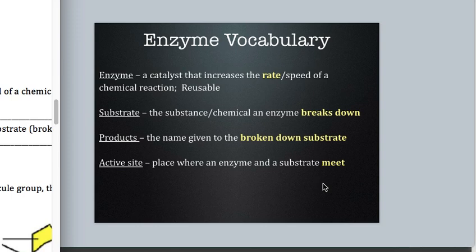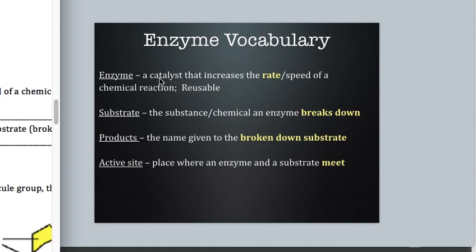Okay. If you need more time, click pause. If not, these 4 words, 100%, we are going to use a lot this semester. The word enzyme, it is a funny spelled word, E-N-Z-Y-M-E. Its alternate name is catalyst.